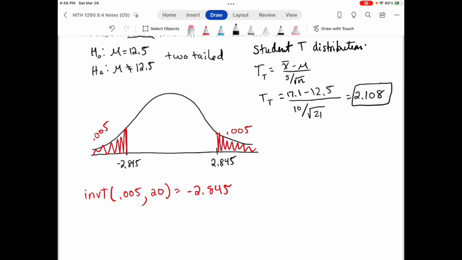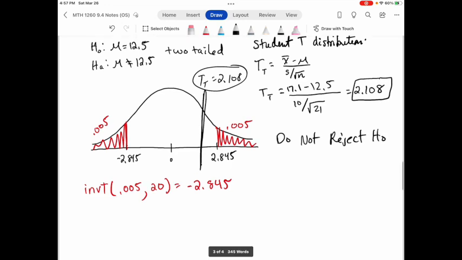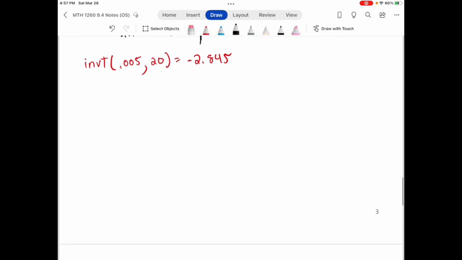All right, now if I take my test statistic, which we found was 2.108, here's 0 in the center, that's going to fall somewhere in here. That's my test statistic, 2.108. Because that doesn't fall in the red rejection area, we're going to say do not reject the null hypothesis.